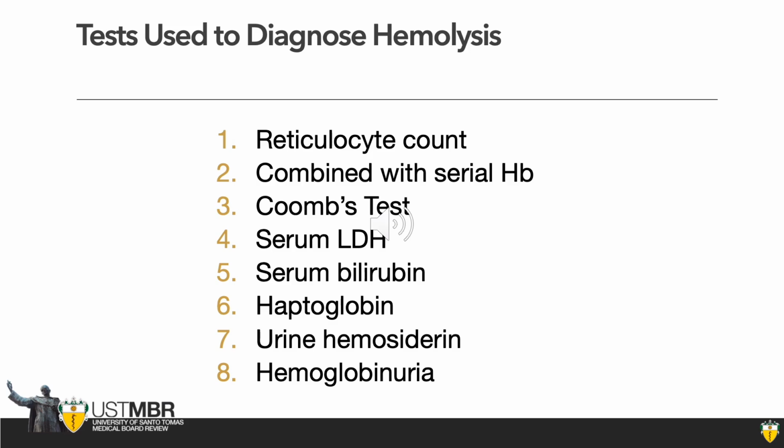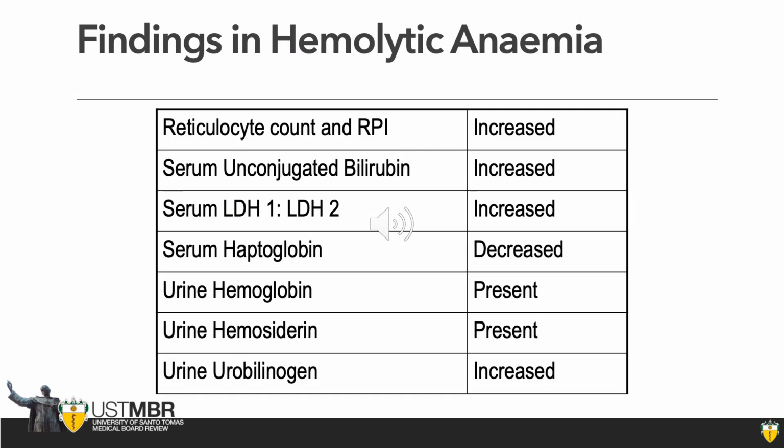You have Coombs test, LDH, bilirubin, haptoglobulin, hemosiderin, and hemoglobinuria. So these tests should not be done altogether. It will depend on the history and physical examination of the patient, what you are thinking of as the possible cause of hemolysis.